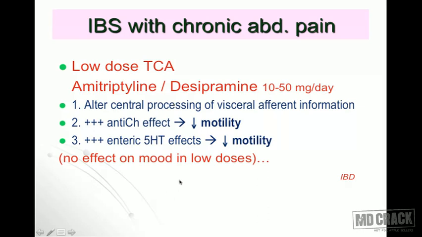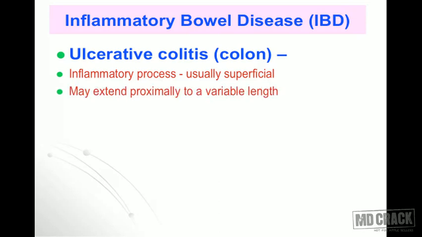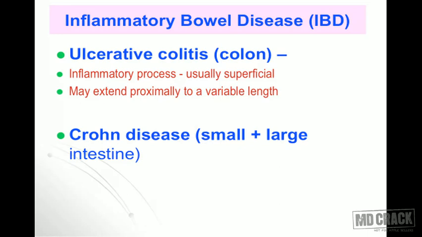Now we move on to discuss the second type of entity, what we call inflammatory bowel disease, IBD. And as we said in the beginning, there's ulcerative colitis, that's the affection of the colon. In ulcerative colitis, the inflammatory process is usually superficial and it may extend proximally to a variable length, but predominantly is the involvement of the colon.